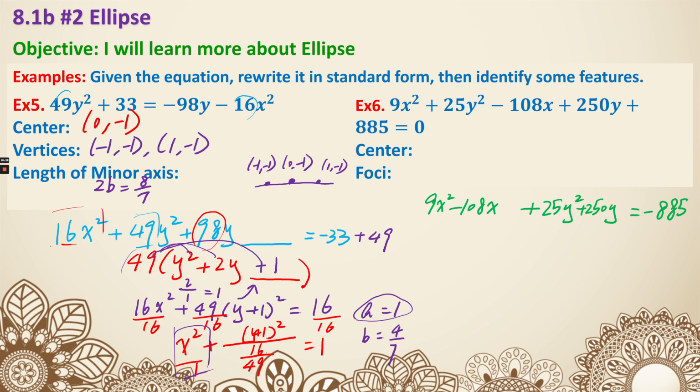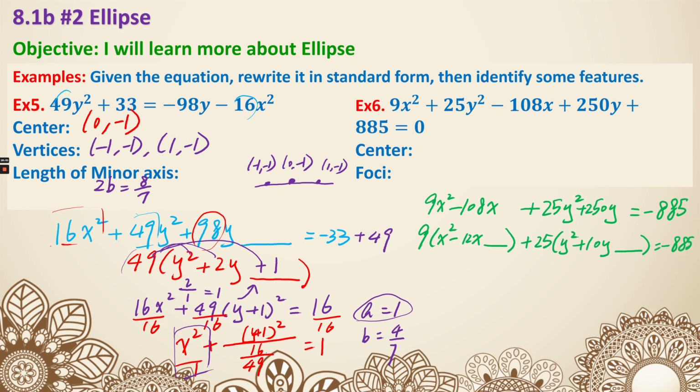So first, for all the x's, we are going to take out that 9 in the front. So we are left with x squared minus 12x, leaving a space. For the y, we're going to take out that 25. So we're left with y squared plus 10y with a space. On the right side, we currently just have negative 885.